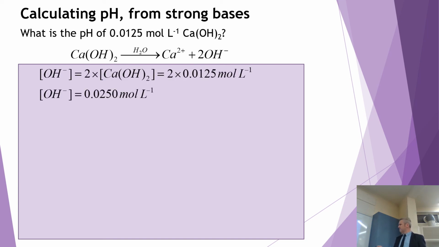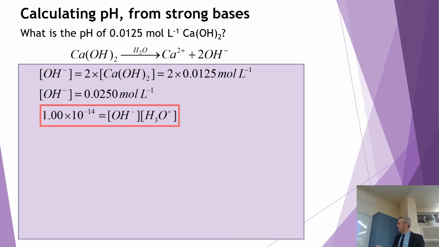So you can then say, well, the concentration of OH minus is 0.0250 moles per litre. Yes, that's correct. There should be 2 OH. This is a mistake here. So once I've done that, I need to find out the H3O plus. Actually, there are 2 ways to do this.